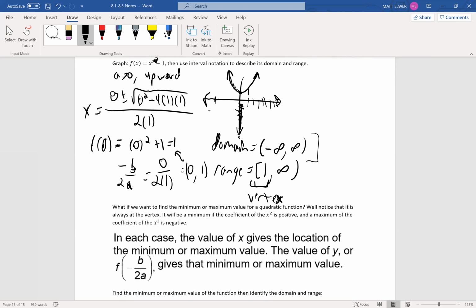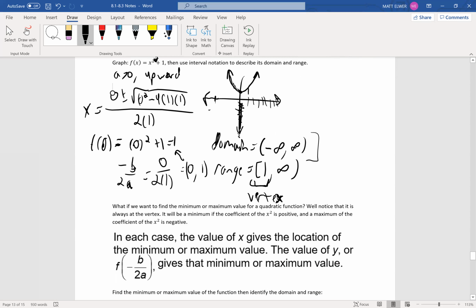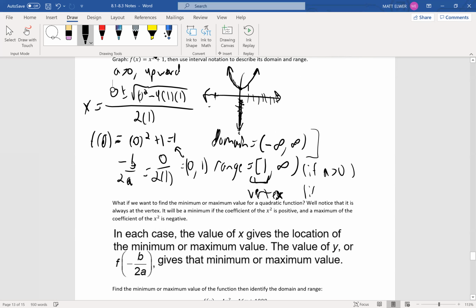So that's that special one point. It's limited to where my vertex is all the way up to infinity if a is greater than 0, right? So I have a positive. And otherwise it's flipped, so from negative infinity all the way up to the vertex if a is less than 0, right? Or it's negative.